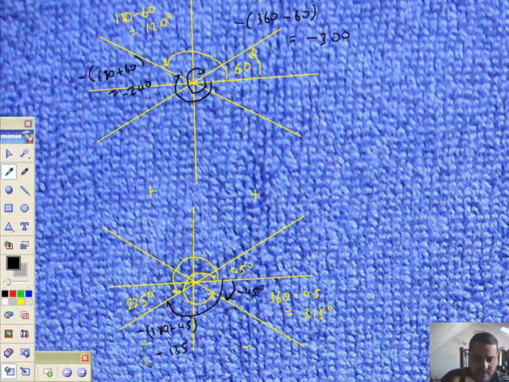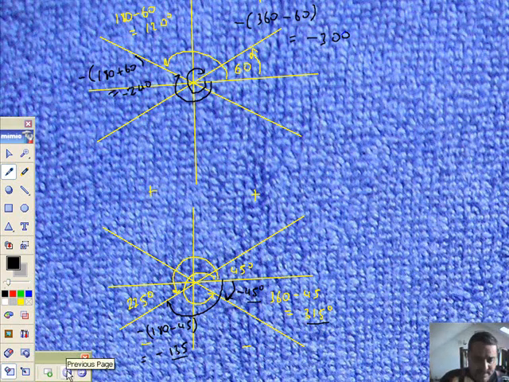So these are the solutions I've got: minus 45, minus 135, and 315. These are the 3 solutions. Bang, bang, bang. They all match 225.